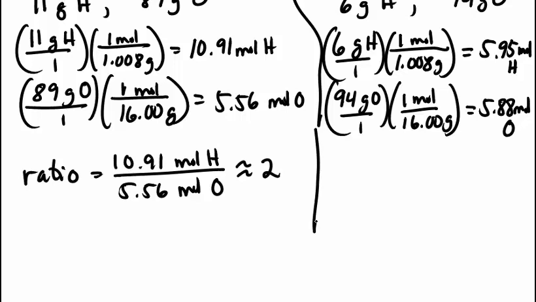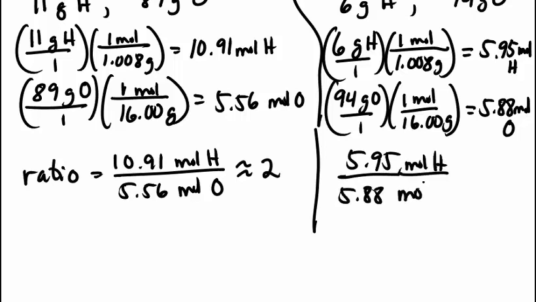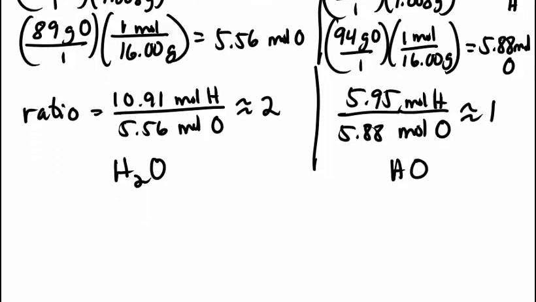For compound B, the ratio is 5.95 moles of H over 5.88 moles of O. Those numbers are almost the same. That ratio is about 1. Okay, so the empirical formula for compound A, it's 2 to 1 hydrogen to oxygen. That sounds like H2O. For compound B, it's a 1 to 1 ratio, so we can call it HO. Those are the empirical formulas.